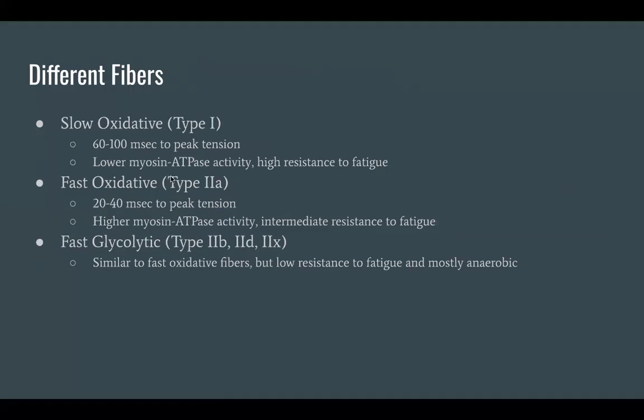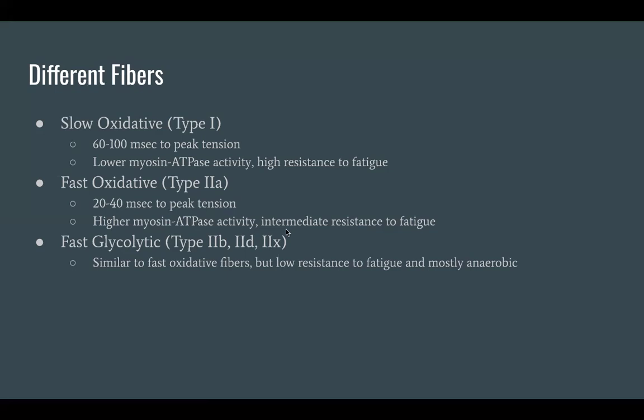Here are three different types of fibers in muscle. Slow oxidative fibers are type 1, 60 to 100 milliseconds until peak tension. They have lower myosin ATPase activity, so they're slower, and they have very high resistance to fatigue, so they can continue to work for long periods of time.